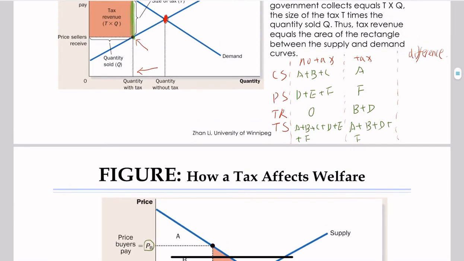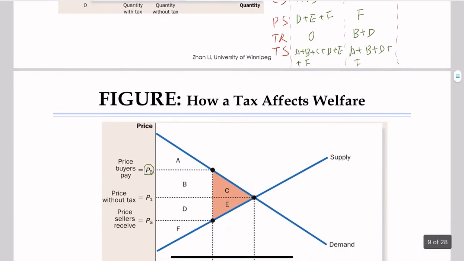Now let's look at the difference, right? What kind of difference are we having here? After imposing tax, consumer surplus becomes smaller, and the difference is given by minus B minus C, right? It's essentially the decrease. B and C is the size of decrease in consumer surplus. And graphically, you can see that after imposing tax, this piece of consumer surplus will just disappear, right?